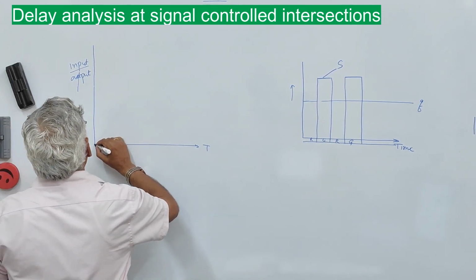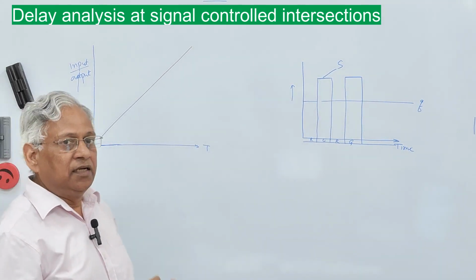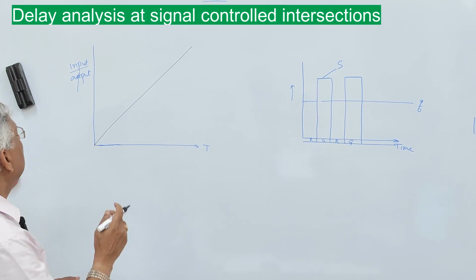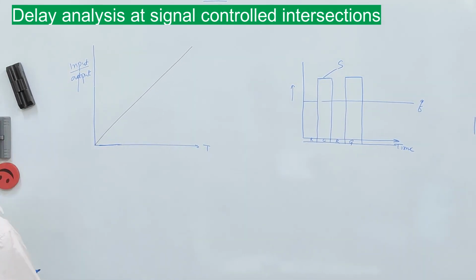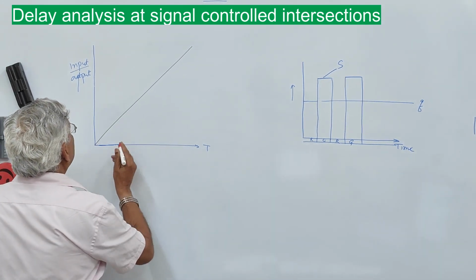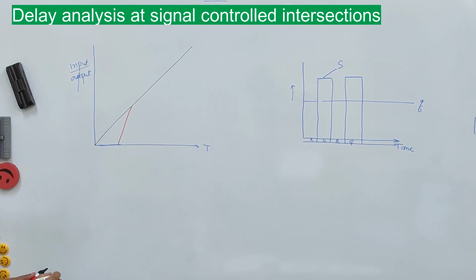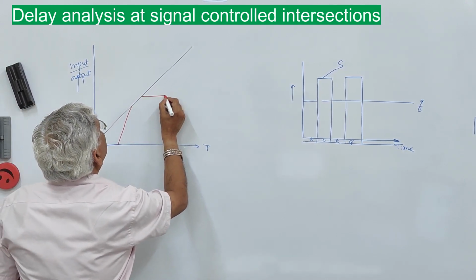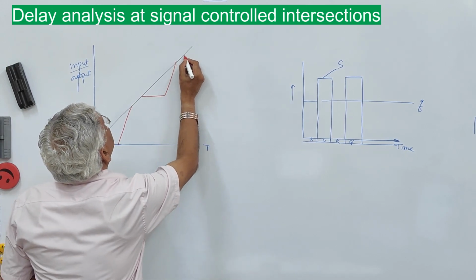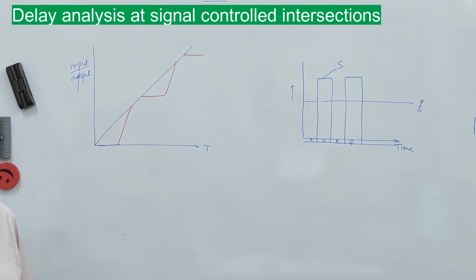So input will be like this, cumulative, and departure will be like this, that during red period there is no departure and then it builds up here and then touches this line of input and then again like this. That is your input output curve on a cumulative arrival and departure scale.